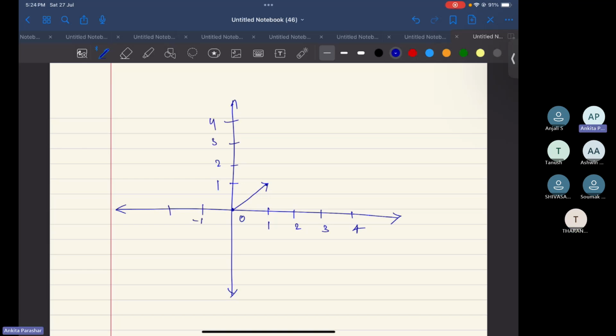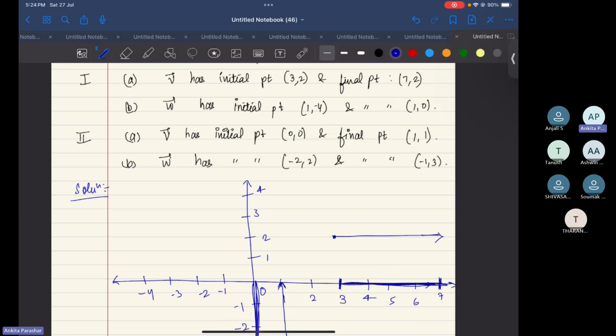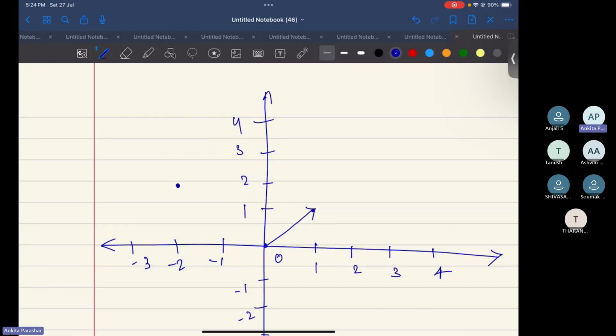What is the other vector? From (-2, 2) to (-1, 3). Sorry, let me check. Yes, (-1, 3). I think roughly this is the diagram.